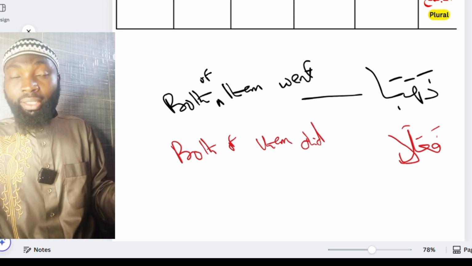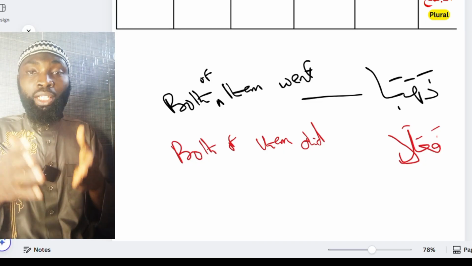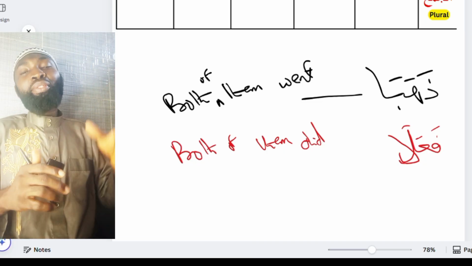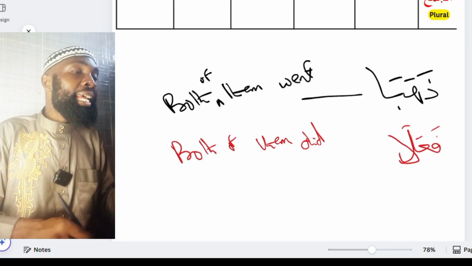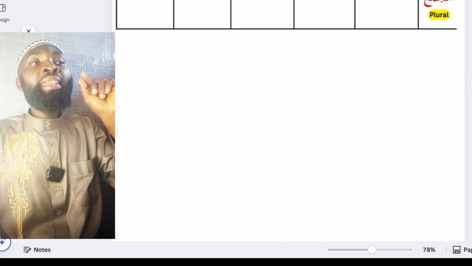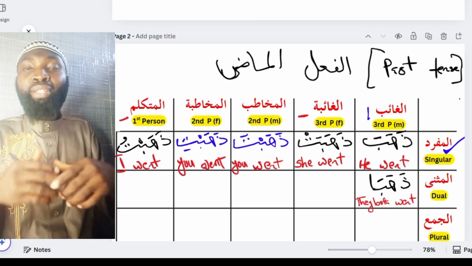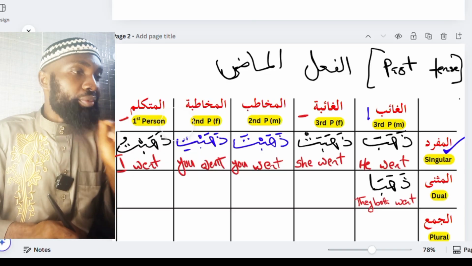If it is qatala, it will be qatala, both of them killed. Raja'a, he returned. Raja'a, both of them returned. This is for males. If you have two boys and you are reporting them that both of them went, you will simply say dhahaba, both of them went. Is this clear? Good. Moving on.